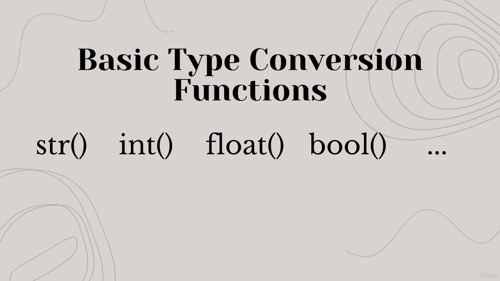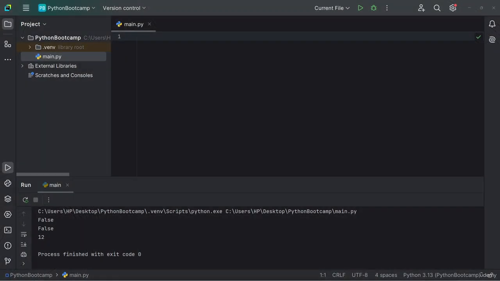The first one we'll consider is the string function, str. It is used to convert other data types to strings. Let's say we have an example where we want to perform string concatenation. Let's say we have a variable with the name of number of pets, and our number of pets is 2. We want to form a statement out of that.